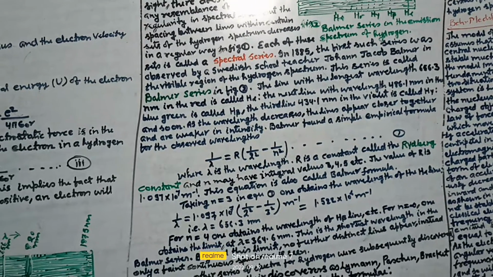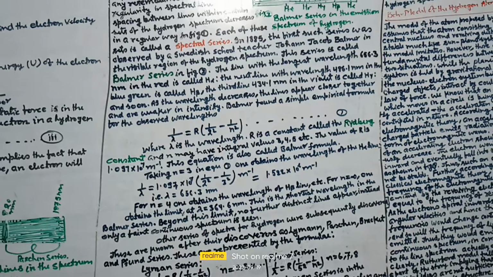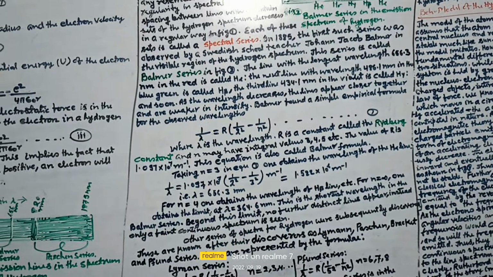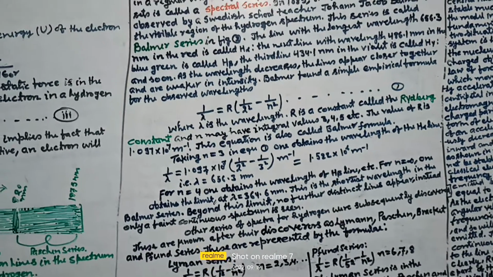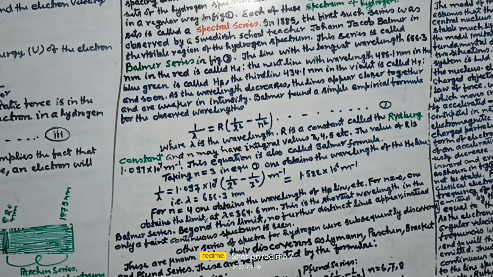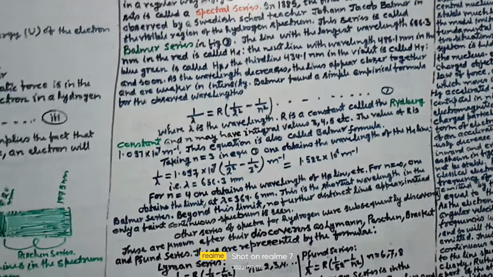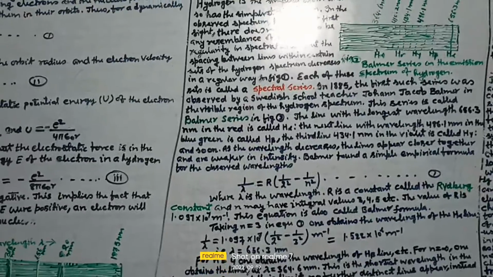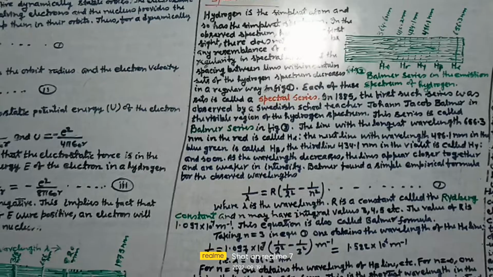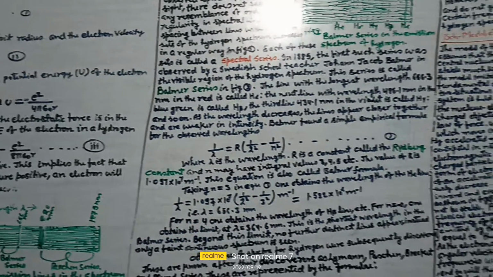For n equals 4, one obtains the wavelength of the H beta line, etc. For n equals infinity, one obtains the limit lambda equals 364.6 nanometer. This is the shortest wavelength in the Balmer series. Beyond this limit, no further distinct lines appear. Instead, only a faint continuous spectrum is seen.